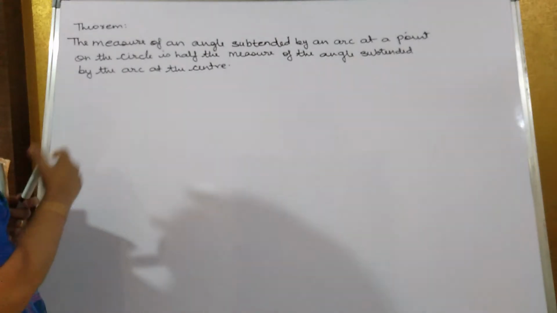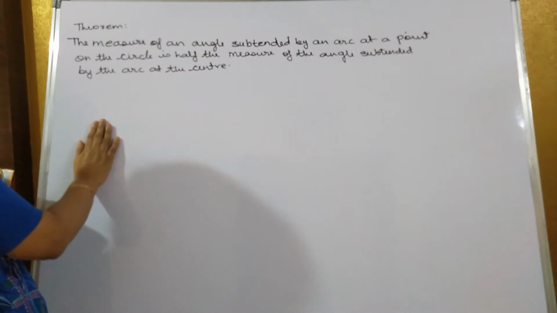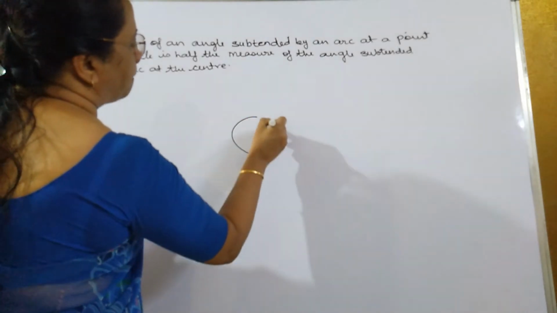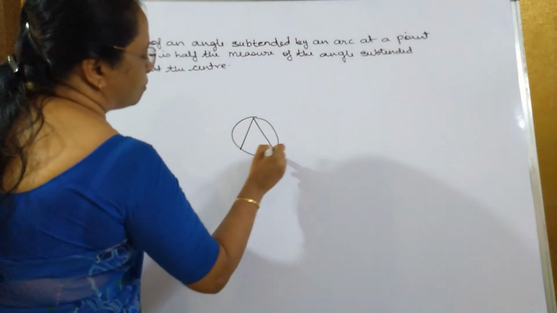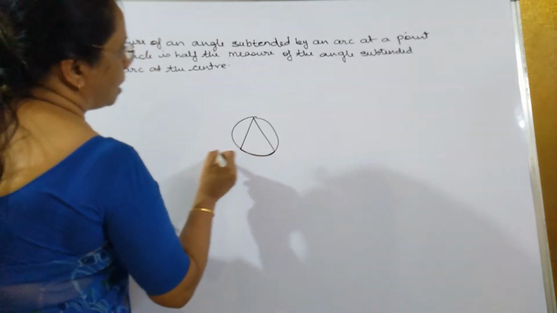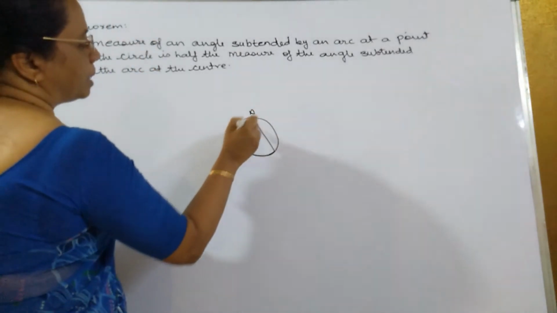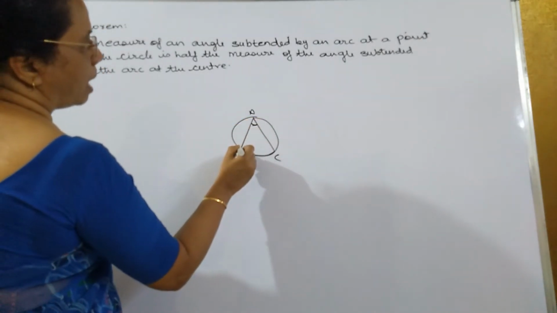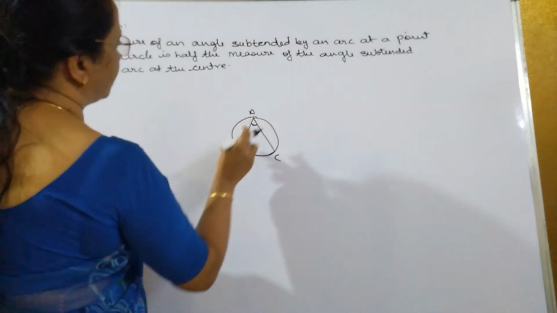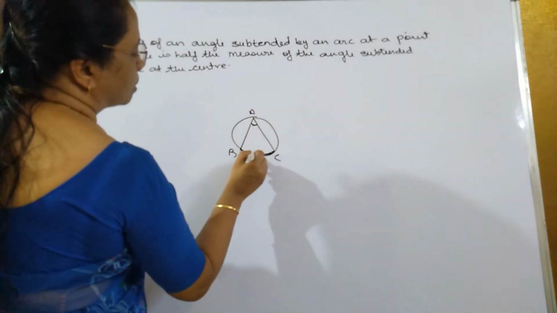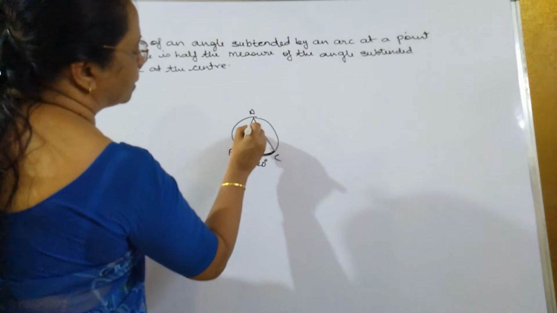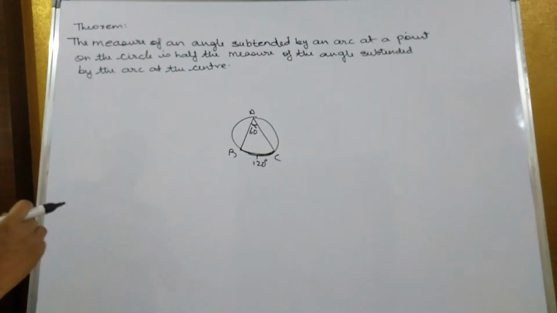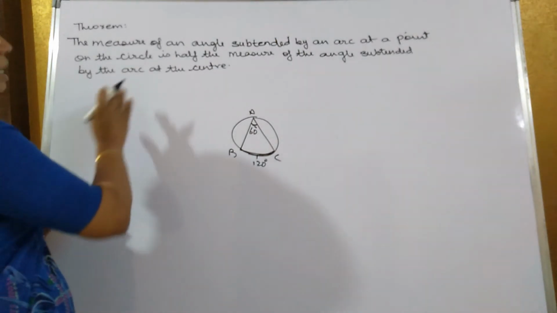Now the inscribed angle theorem can also be written this way: the measure of an angle subtended by an arc, so this angle which is subtended by this arc at a point on the circle, is half the measure of the arc. So if this arc is 120 degrees, then this will be how much? 60 degrees. So the inscribed angle theorem can also be written this way.